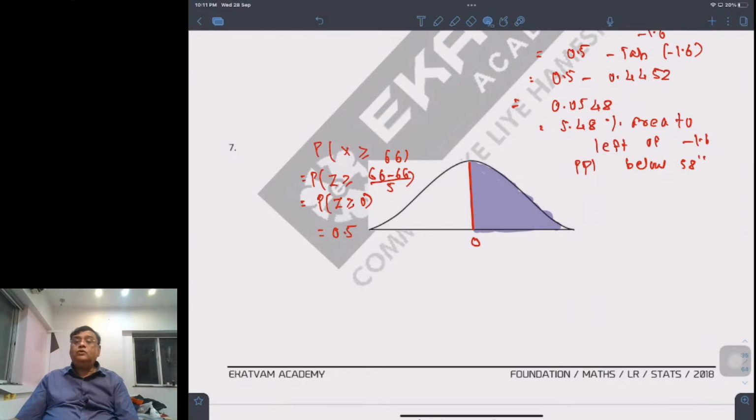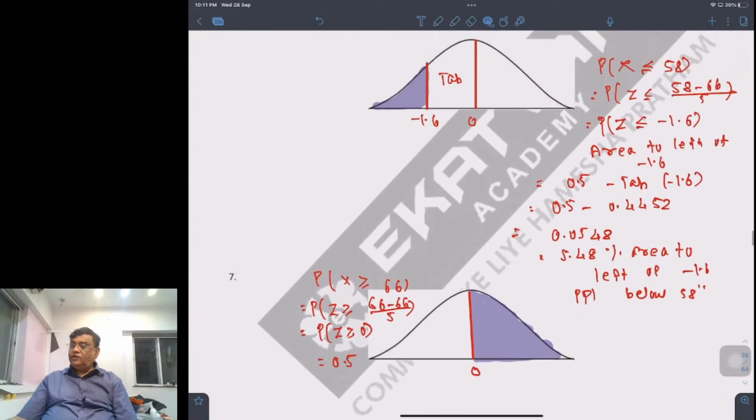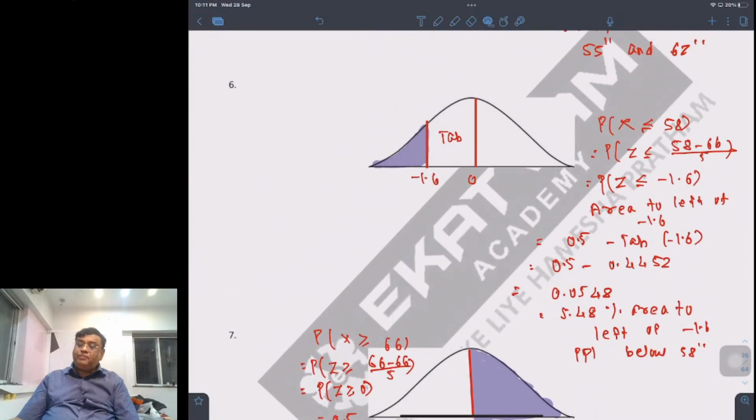Yes or no? ये आपको समझा है क्या? 7 पार्ट, 6 पार्ट, अगर कुछ बचा है तो फिर इसे पूरा करो.